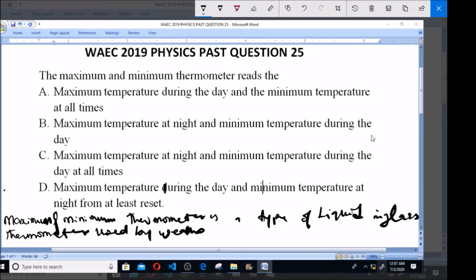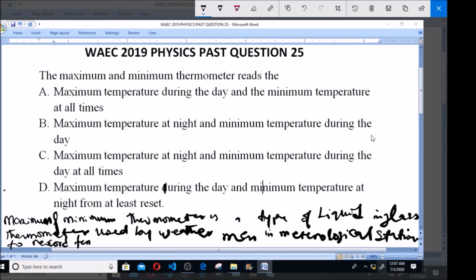So people that work in the weather stations. So it is used by weathermen in meteorological stations. Meteorological, that's people that are in charge of knowing how the weather goes. Meteorological stations to record temperatures for the day.